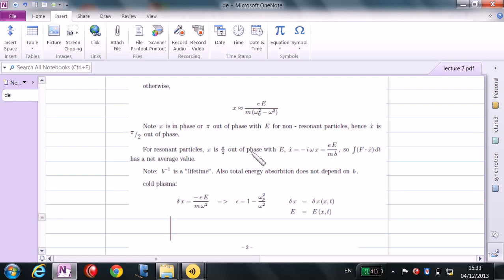And whether it's in phase so that it absorbs energy, or in phase so that it releases energy into the wave, is a question we still have to get to. But the point is that it's in phase with the wave.